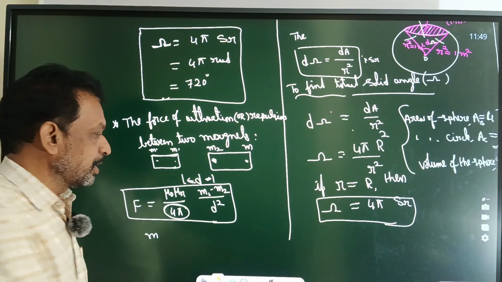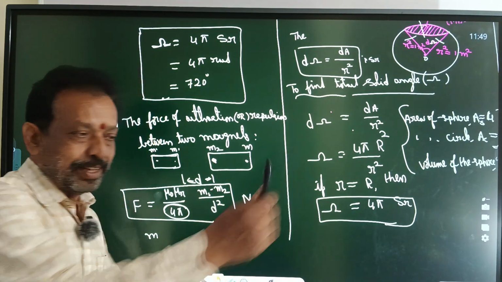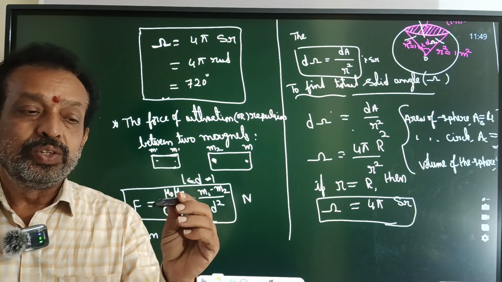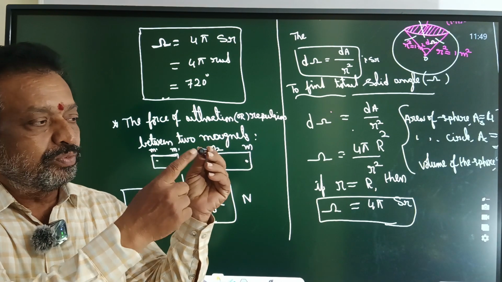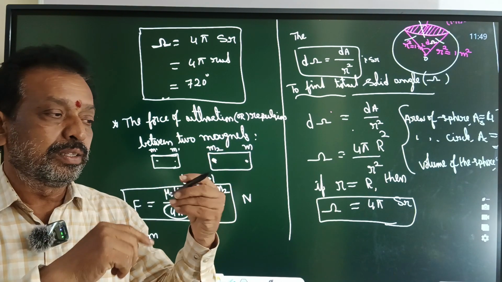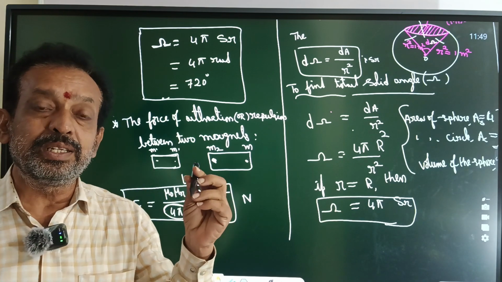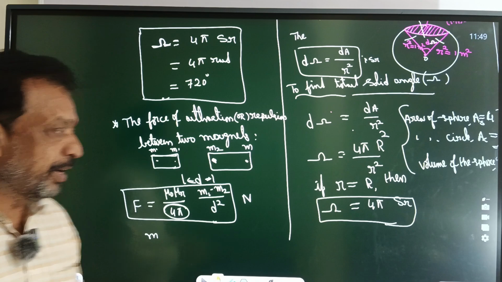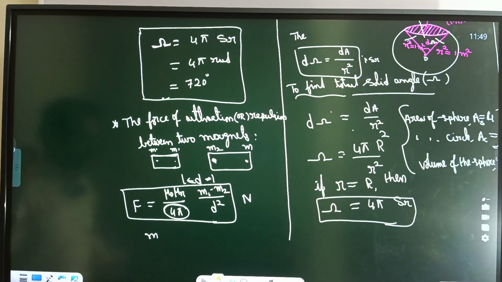Now I will give you a small example. A pen is there. Is the pen a solid or not? If you take the front view, this is a circle, 360, and the back side also has 360. 360 plus 360 is 720. 720 is solid. Now my point is, is the board a solid or not?